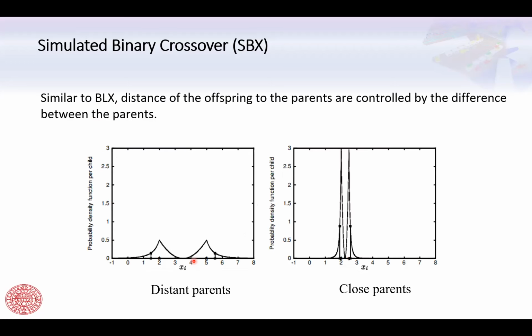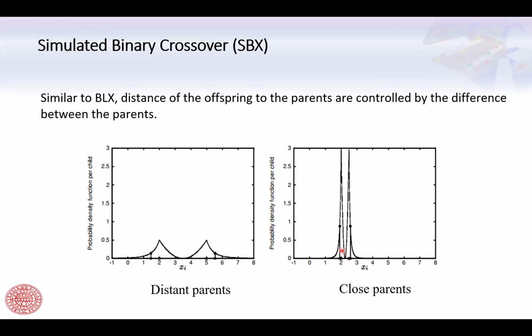And practically, similar to the BLX, the distance of the offspring to the parents is also controlled by the difference between the parents. So if the original solutions are far away, then of course the chosen solution will not be closest to both parents. But when the parents are very close, then you have the distribution more accumulated around the parents here.